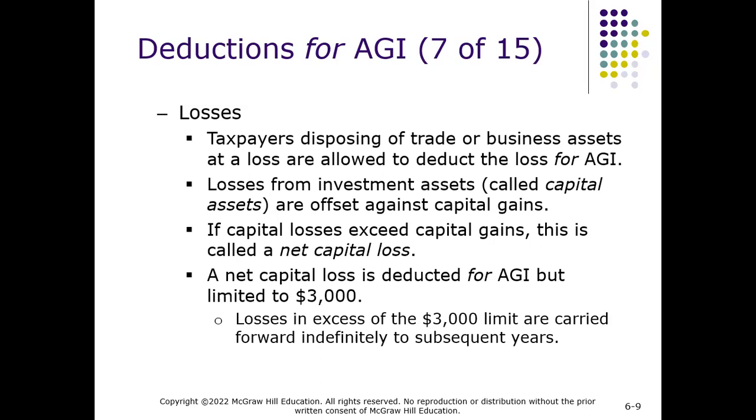Losses from investment assets, called capital assets, we talked a little bit about them, are offset against capital gains, and any excess may be deducted up to $3,000 in a year. The amount of capital losses that are not allowed because they're greater than $3,000 in a given year are carried forward indefinitely and allowed as deductions in future tax returns.